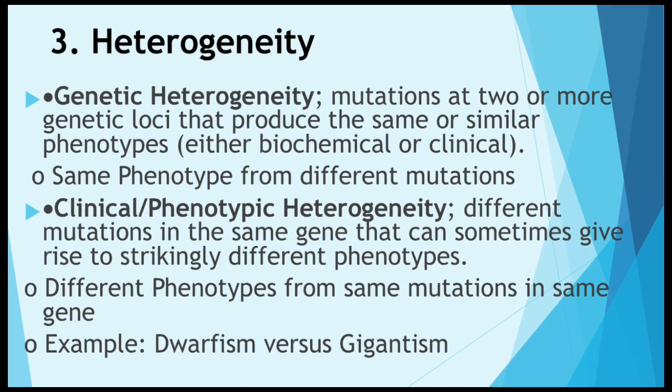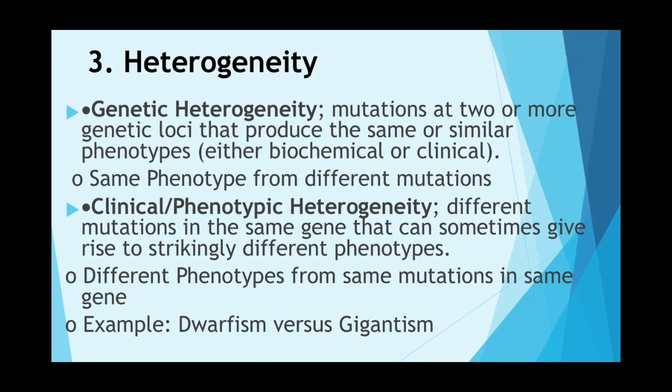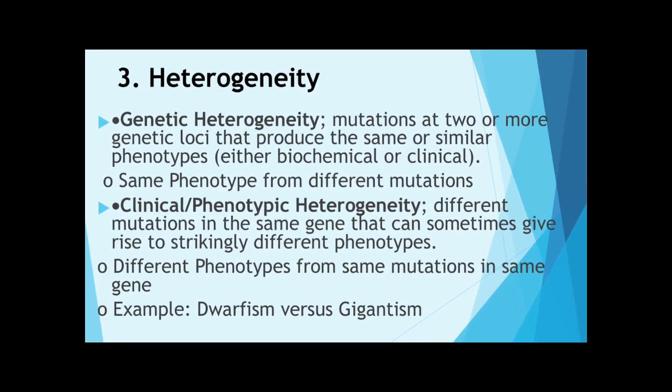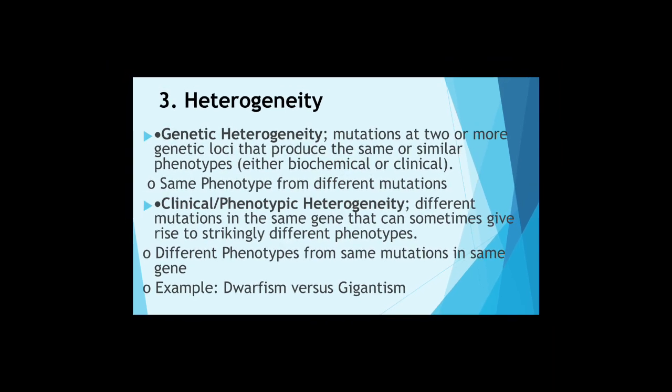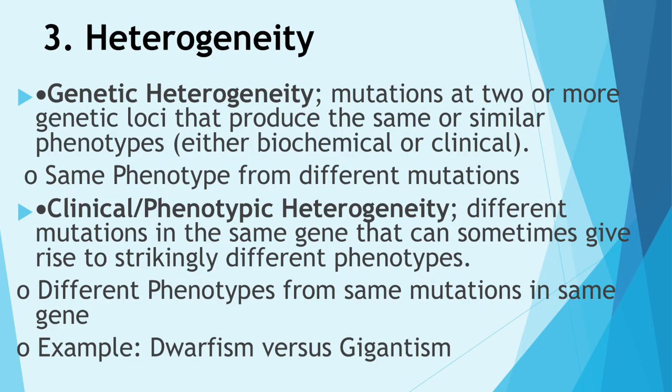Then you have clinical subphenotypic heterogeneity, where you have different mutations in the same genes that can sometimes give rise to strikingly different phenotypes. You have different phenotypes from the same mutation in the same gene. Example, you have dwarfism and gigantism.